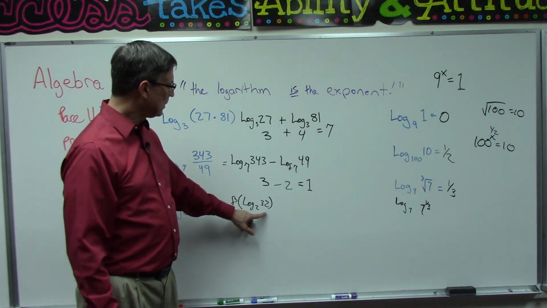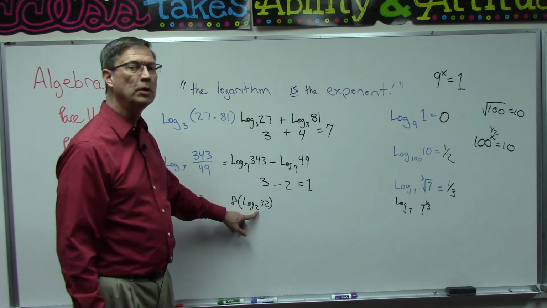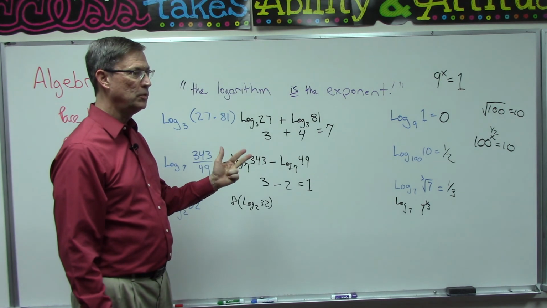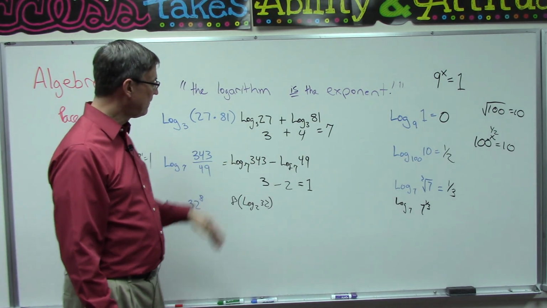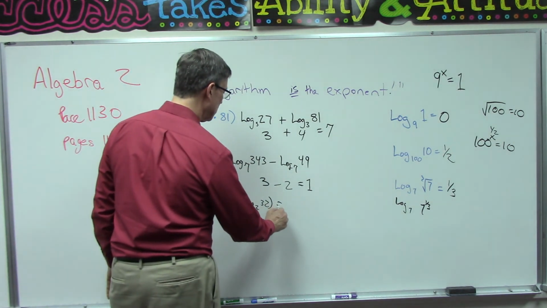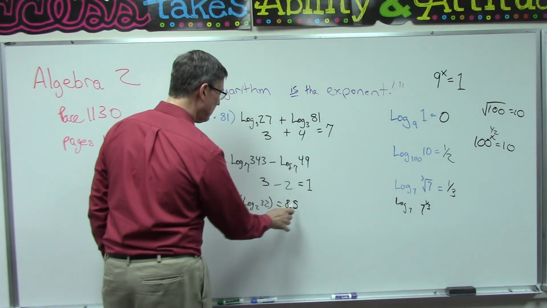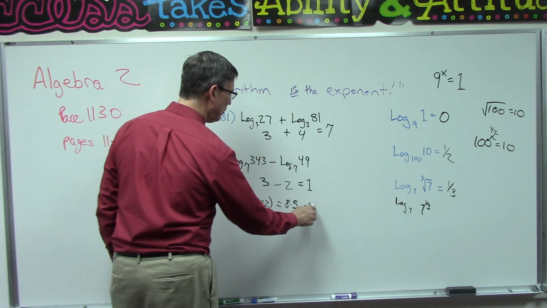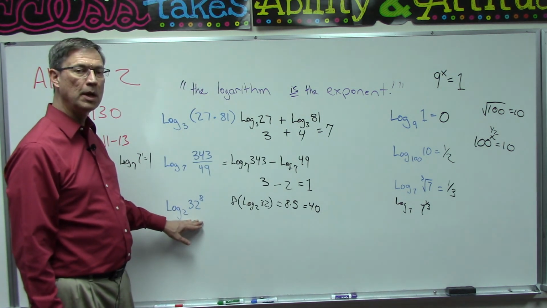So this is asking what exponent do I need to raise 2 to get 32? 2 times 2, 4 times 2 is 8, times 2 is 16, times 2 is 32. So it would be 5. So this becomes 8 times 5, because 5 is the answer to this part, and so the answer to the whole problem is 40. Okay?